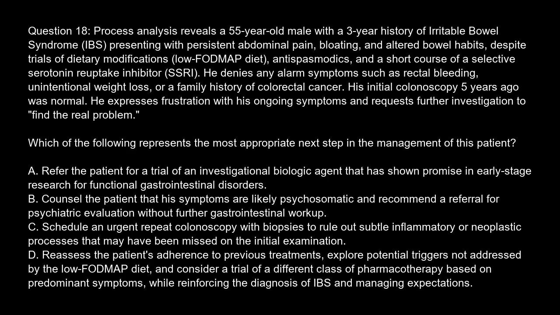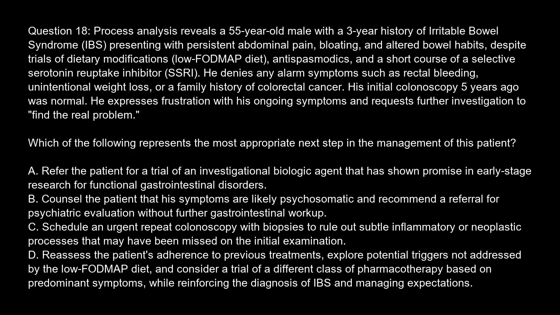Option A. Refer the patient for a trial of an investigational biologic agent that has shown promise in early-stage research for functional gastrointestinal disorders. Option B. Counsel the patient that his symptoms are likely psychosomatic and recommend a referral for psychiatric evaluation without further gastrointestinal workup.